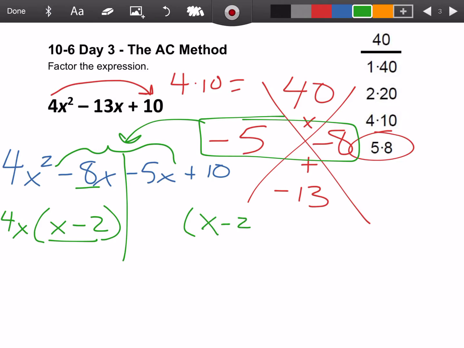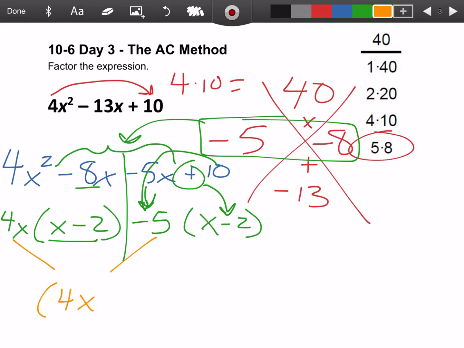So what I like to do is say, okay, well, this has to be x minus 2. What can I factor out to make that happen? I can factor out a negative 5. So the negative 5 comes out here, and if I factor out a negative 5 from the 10, that positive would have to change to a negative right there. It's probably the hardest part of the whole AC method, knowing when to factor out a negative in order for this to work.